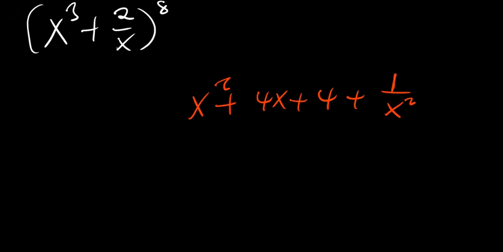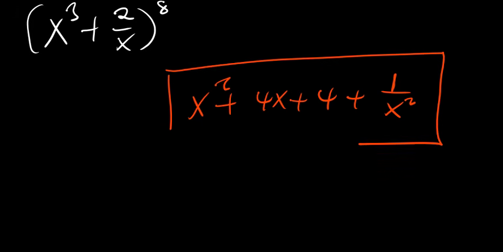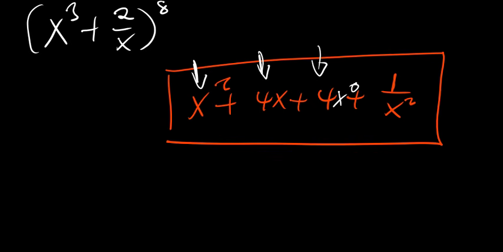Now if they ask me to find the term independent of x, I know that this is the first term, the second term, the third term. So this is the guy which doesn't have x, but initially it is 4x to the power 0, because any number to the power 0 is 1. That's why it is a term independent of x. Does that make sense?